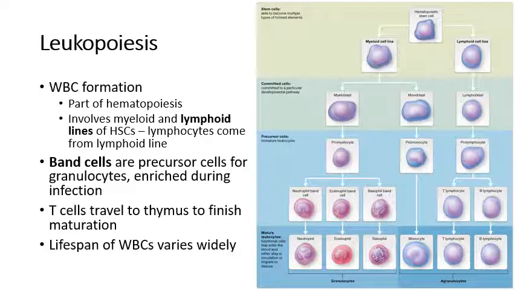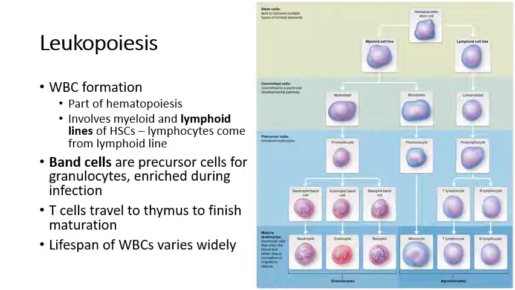Leukopoiesis is the process of making white blood cells. That's also part of hematopoiesis, and it occurs in the red bone marrow. It also starts from the HSCs, the hematopoietic stem cells, but in this case, they're going to start differentiating along a different line to form the white blood cells.